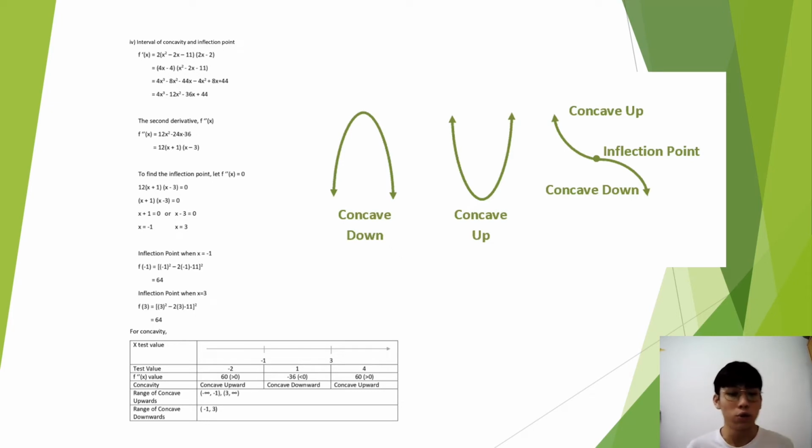In conclusion, the range where the graph is concaving upwards is negative infinity to negative 1 and 3 to infinity. And the range where the graph is concave downwards is negative 1 to 3.